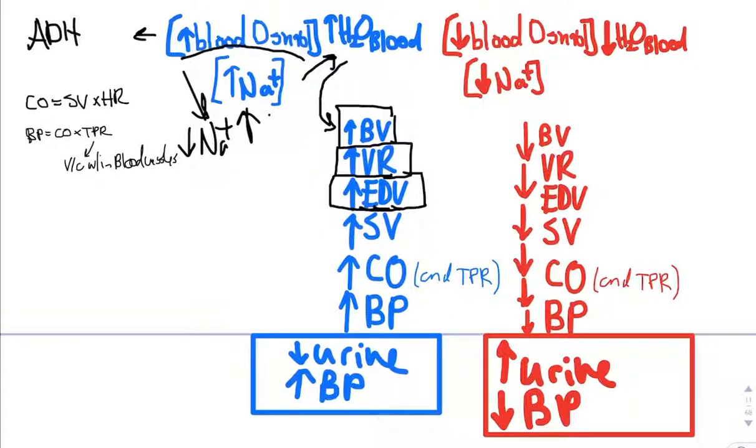When you increase the end diastolic volume, there's going to be more blood in the ventricles during our ventricular contraction, or ventricular systole.